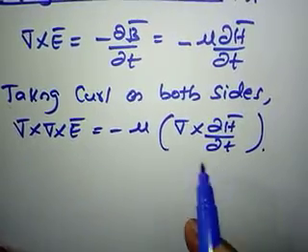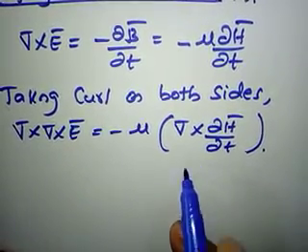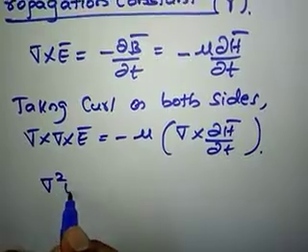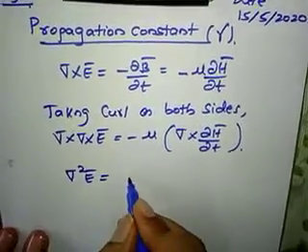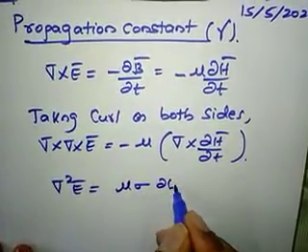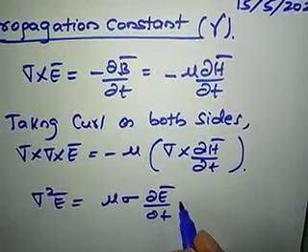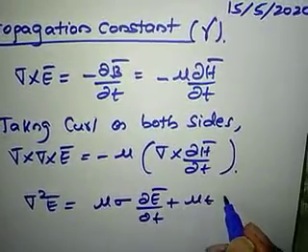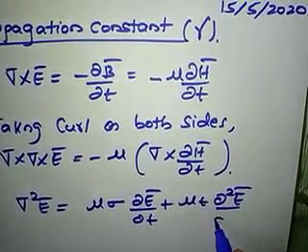This is already simplified in our previous derivation. So we have got the equation for del square E bar, which is mu sigma dou E bar by dou T plus mu epsilon dou square E bar by dou T square.